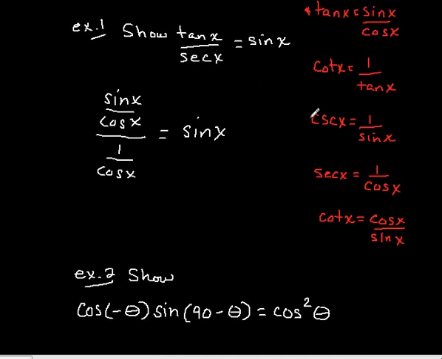Then we can just flip the bottom. Cosine of x over 1 times sine of x over cosine of x. The cosines cross out, and look what we get. Sine of x equals sine of x. And that's all there is to doing these trigonometric proofs.